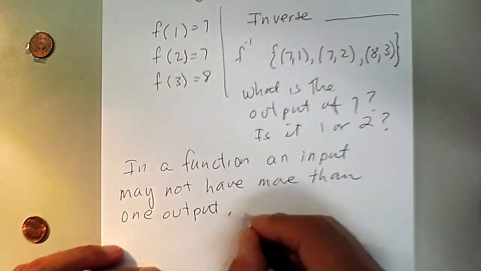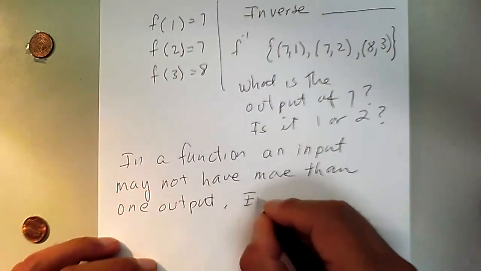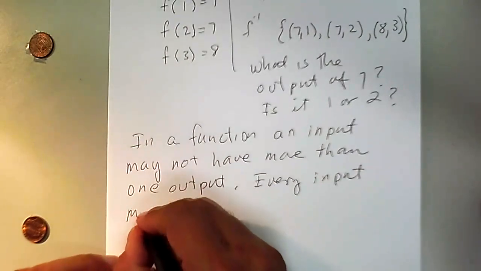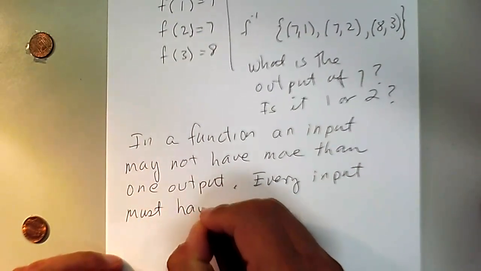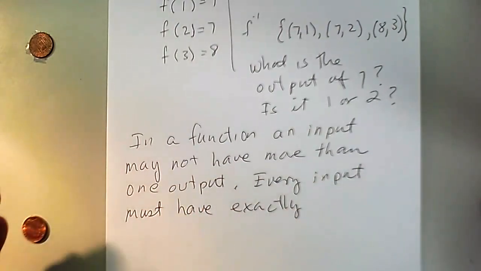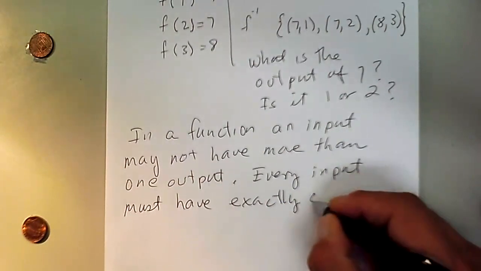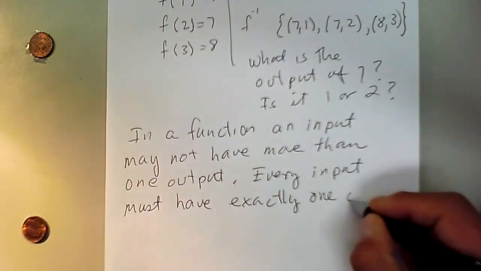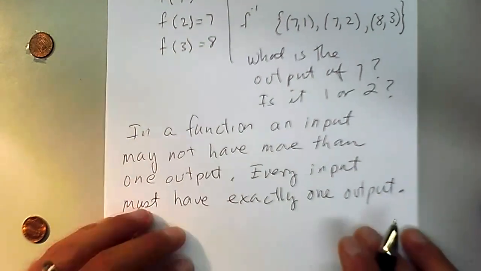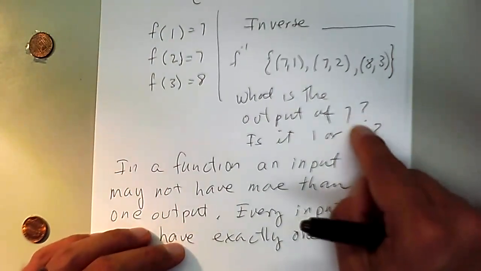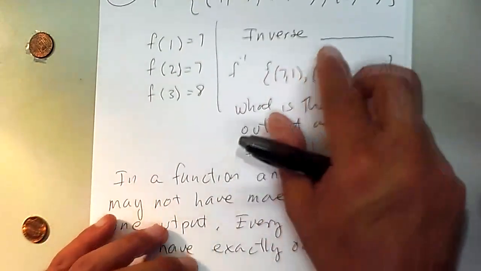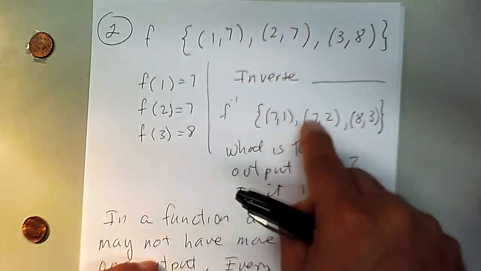In fact, every input must have exactly, and by exactly we mean no less than one and no more than one, exactly one output. So we cannot have two. We cannot choose one day and choose the other. It has to be one output.